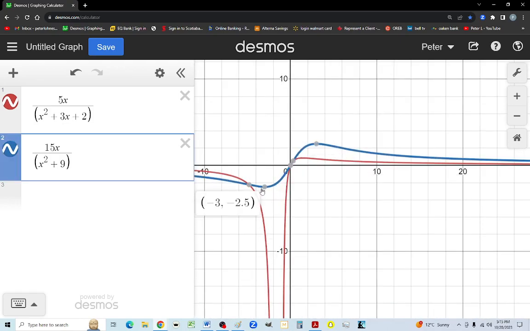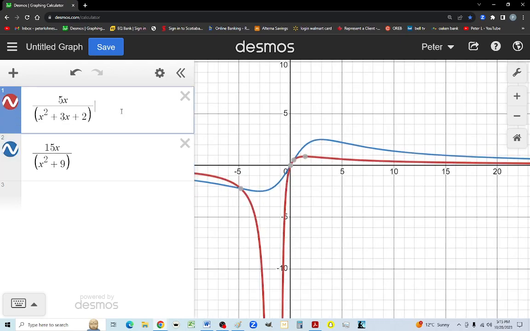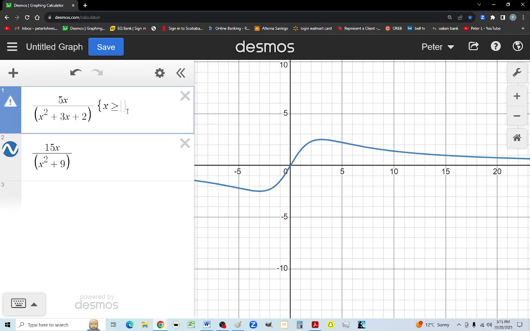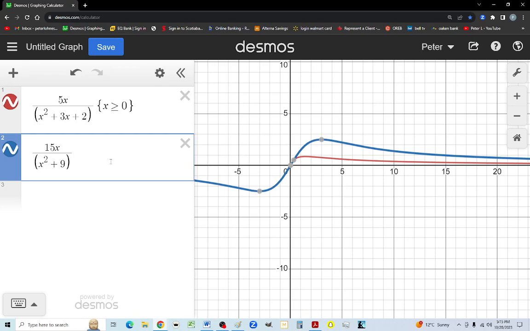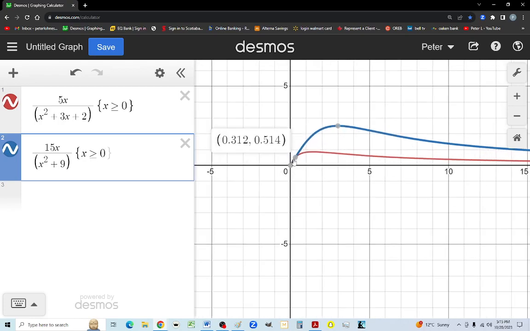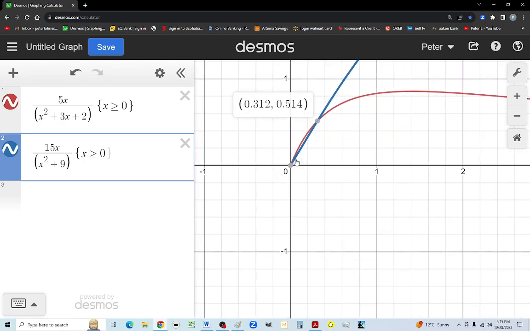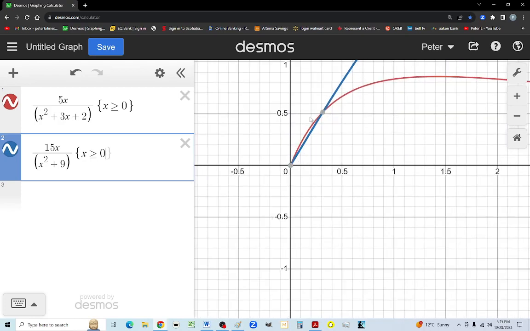On the left, it crosses as well right here. That's where the minus came from, but we don't concern ourselves with negative time. So the only thing that matters is when x is bigger or equal to 0. These are the only periods that matter. So right there, that's the only time the tap water is above the pond water.